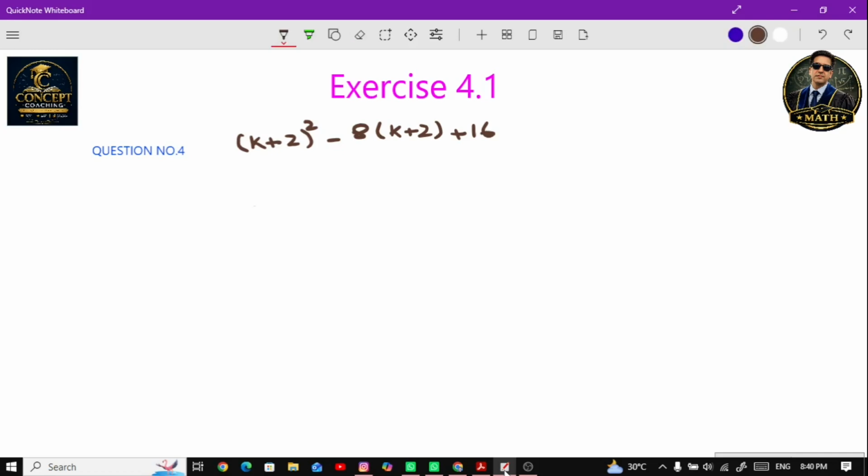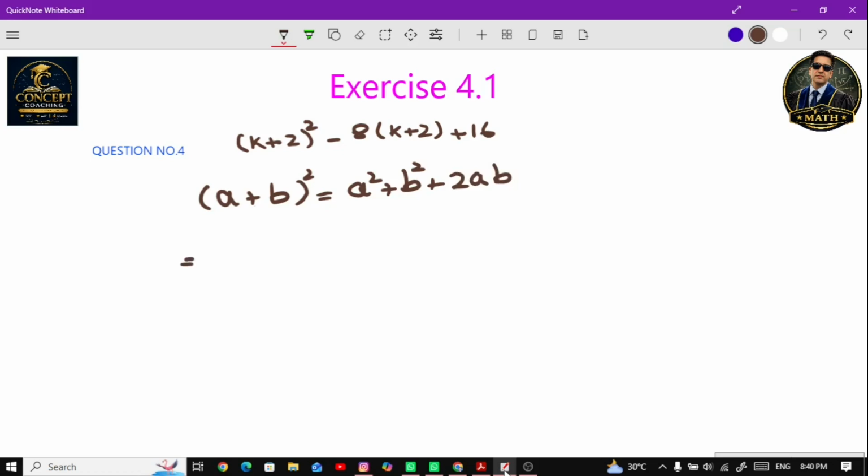In factorization, this formula is very important: (a plus b) whole square equals a square plus b square plus 2ab. We use this formula to solve this factorization. And this is so simple.